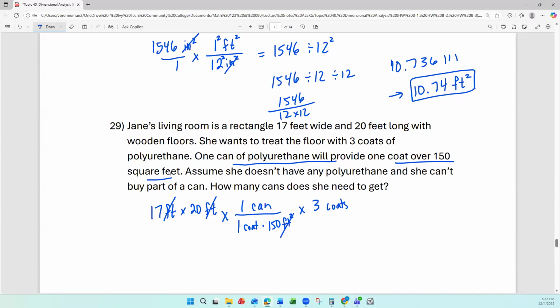So you could start with something like 3 coats and then maybe like one coat is 150 square feet, and then multiply that by... well, yeah, I need to also do... just a sec.